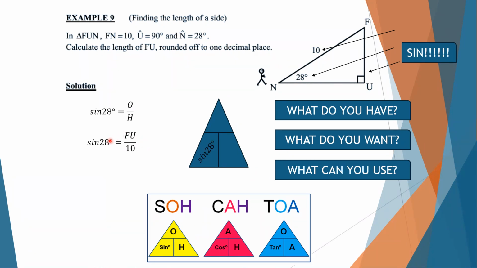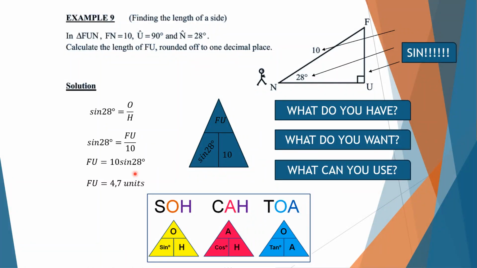So sine 28 in the bottom left, FU on top, and 10 in the bottom right. So we can see that FU is sine 28 times 10, or rather 10 sine 28, always with the coefficient in the front, and so FU is 10 times sine 28, which gives us 4.7 units.